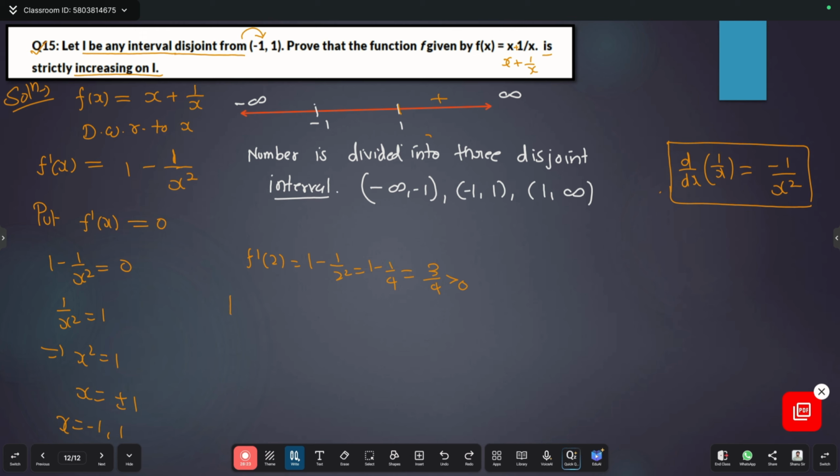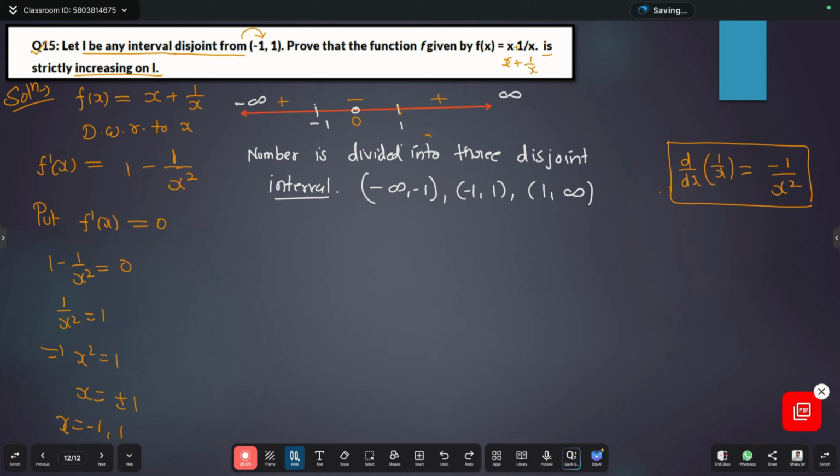If you put 0.1, then 1 minus 1 upon 0.1 whole square is 1 minus 1 upon 0.01. Now remove the decimal, two 0s increase, so it will be 1 minus 100, negative. So this is negative. Here 0 is deleted, and the sign in the last interval will again be positive. You can select any number less than minus 1, minus 2 whole square, again 3 by 4.